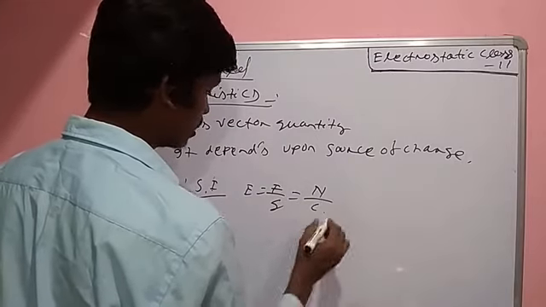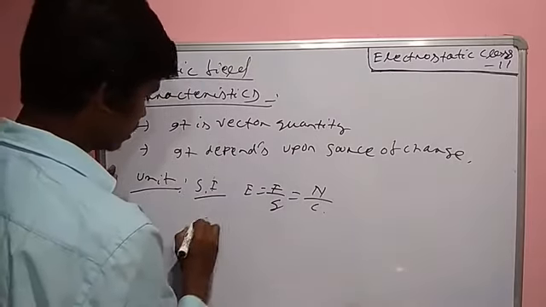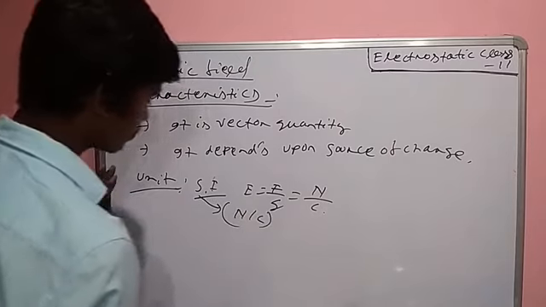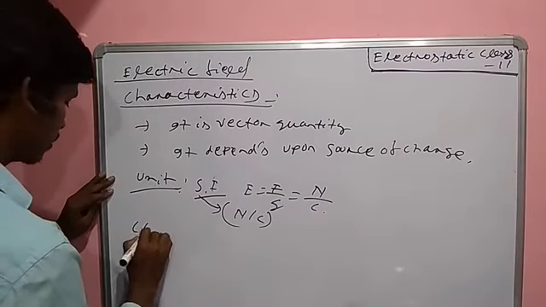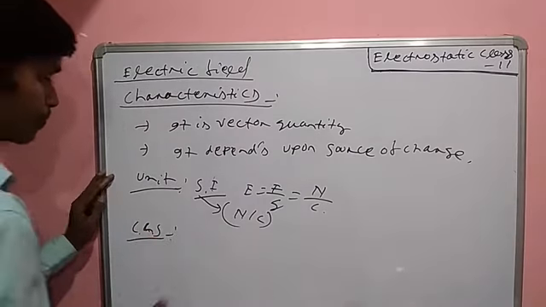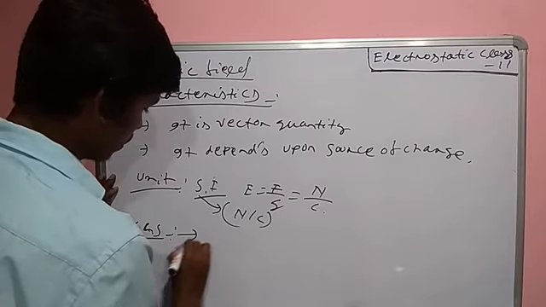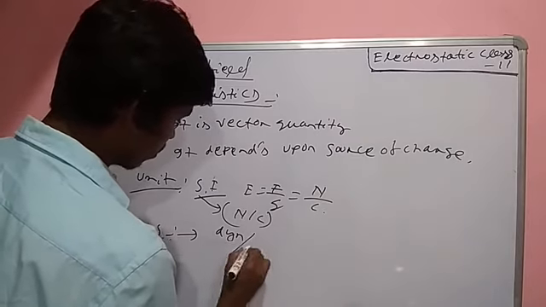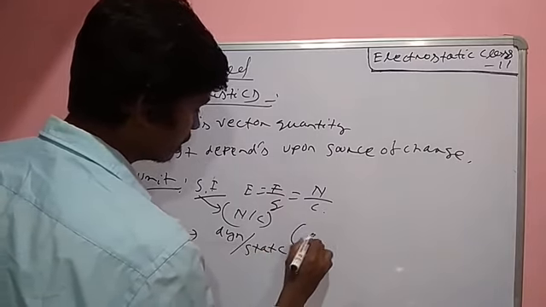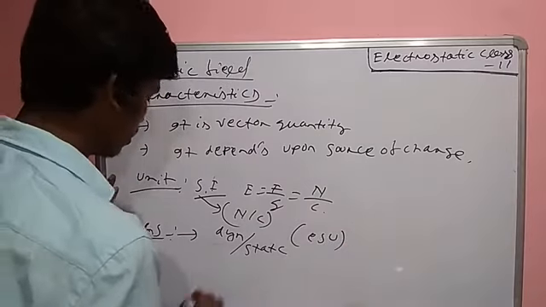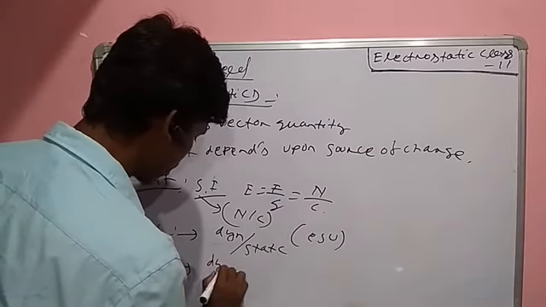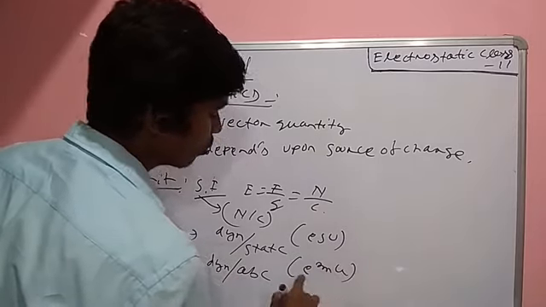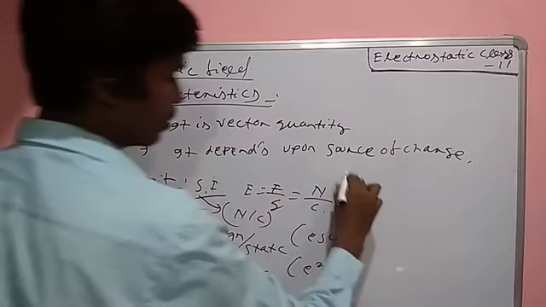The CGS unit is dyne per stat coulomb in ESU, electrostatic unit. Similarly, another unit is dyne per ab coulomb in EMU, electromagnetic unit.